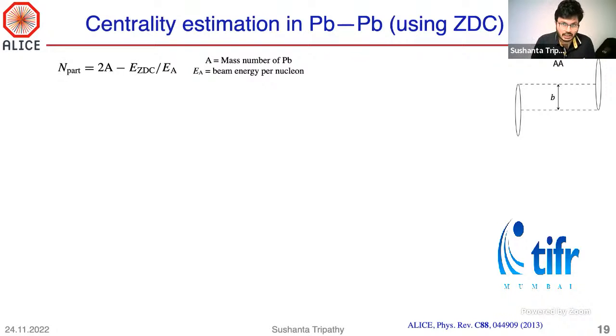The other method one can use is the energy deposition in the ZDC, the zero-degree calorimeter. Naively, one would expect that the number of participants would be equal to 2 times the mass number A minus the energy deposited in the ZDC over E_A, where E_A is the beam energy per nucleon. As the ZDC, by the name itself, is a zero-degree calorimeter, most of the energy deposited in it comes from the spectators.